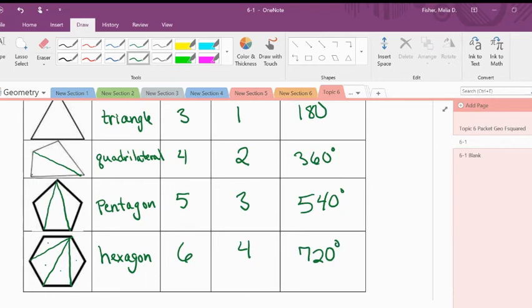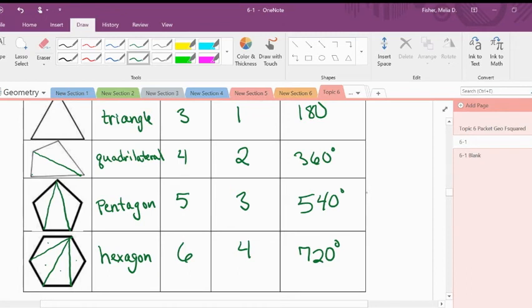So how does the sum of the measures of the interior angles relate? Well, let's look at the pattern here. We have 3 sides makes 1 triangle, which is 180 degrees.